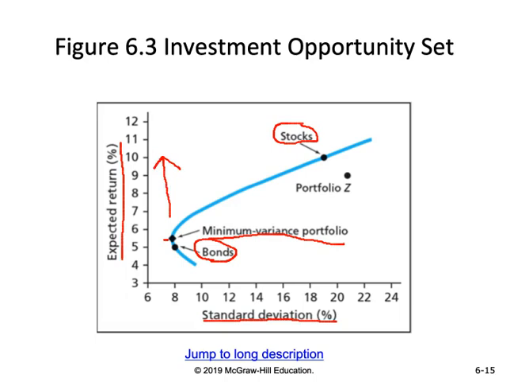We want to get a higher return, but you can see once we get beyond this minimum variance point right here, our standard deviation begins to also get higher. So we have more volatility. And remember, when you take a 50% loss, say you have $10, you lose 50%, you're down to $5.